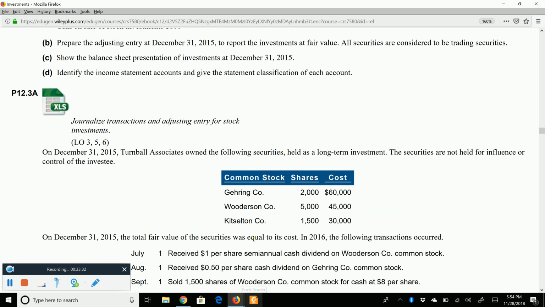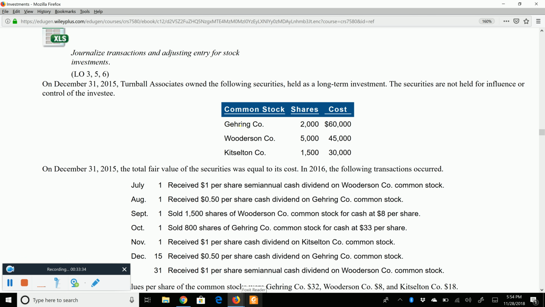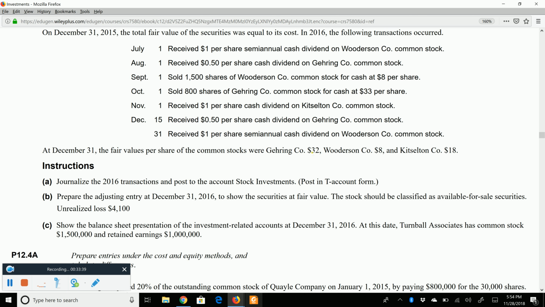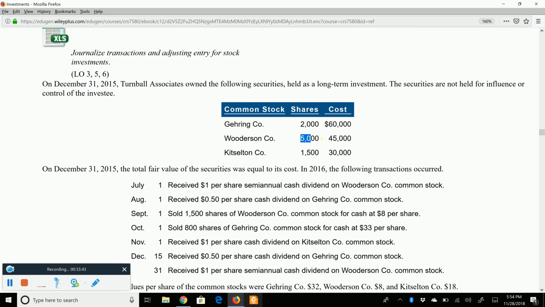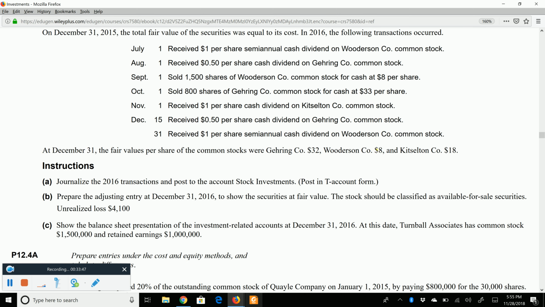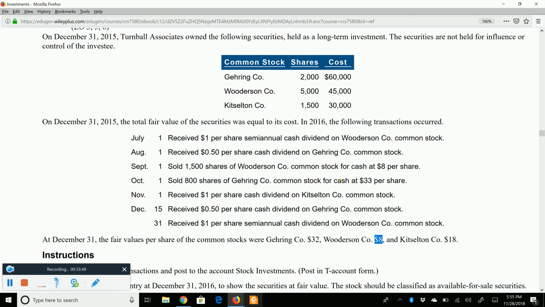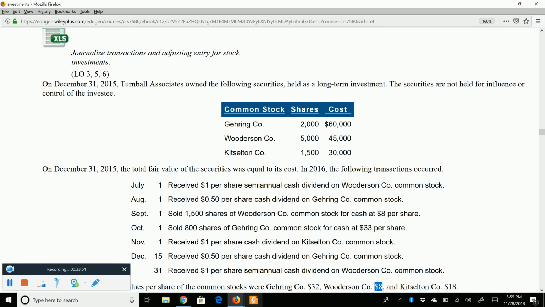All right, well, what was the original price for Gehring? It was 30. Remember that? And what is it at the end of the year? 32. Wooderson, you remember this? The original cost was $9 per share. What is it at the end of the year? $8. And Kitzleton, we spent $30,000 to buy 1,500 shares.